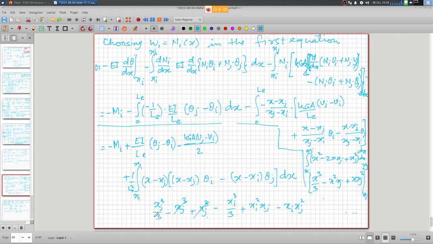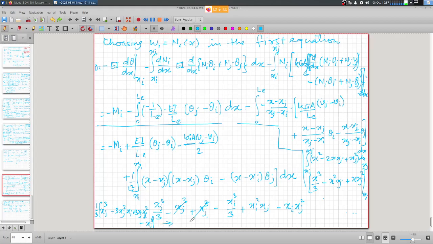So this becomes xj cube minus 3 xj square xi plus 3 xi square xj and minus xi cube, by 3.